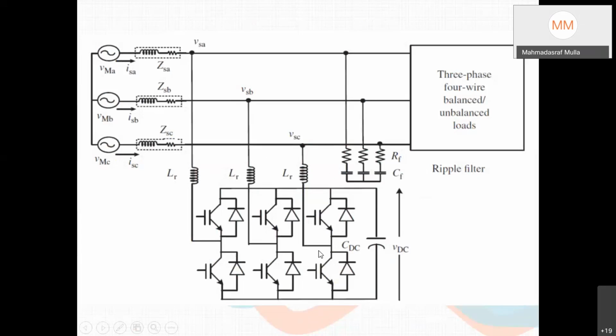We have only reactive elements, inductor and capacitor. Suppose you have an RL load here, then this power electronic circuit should behave like a capacitor, so it should provide leading current. Then that lagging and leading IQ component can cancel each other. If you have some capacitive load here, then this unit should draw lagging current. Then that reactive power requirement can be locally supported like this.